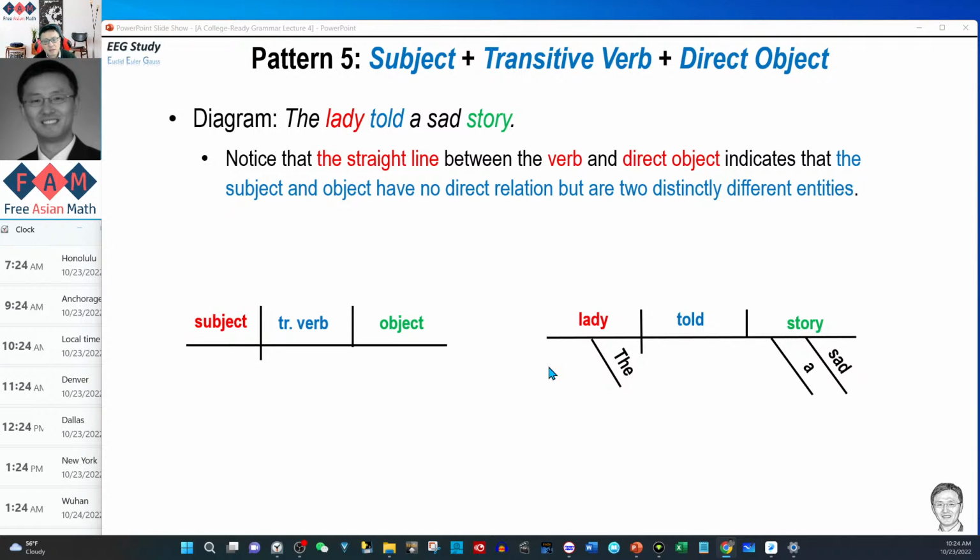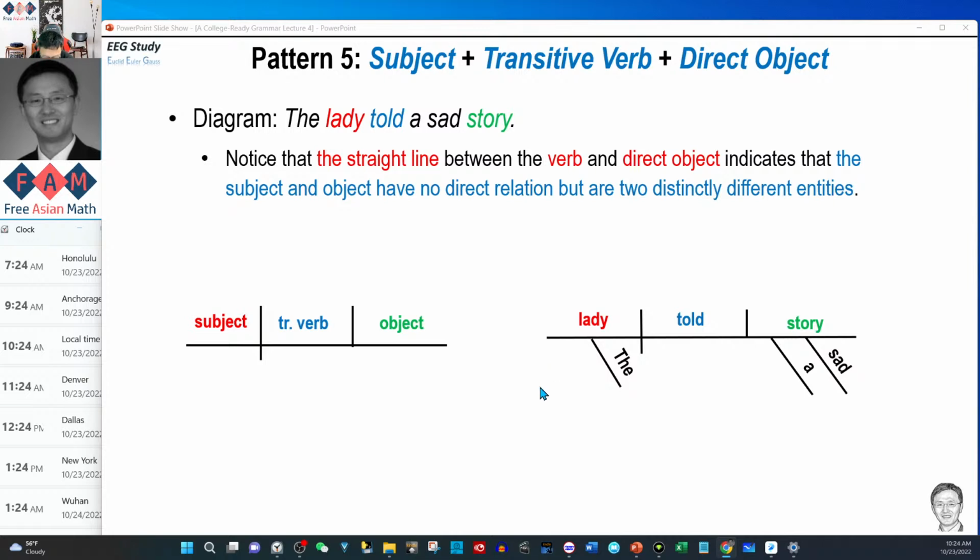The object is the thing or people that are affected by this verb. Or you can also say it's the recipient of the action. Okay? So, because the two bars separate the subject and object, they do not have any direct relationship. They are connected via this transitive verb.